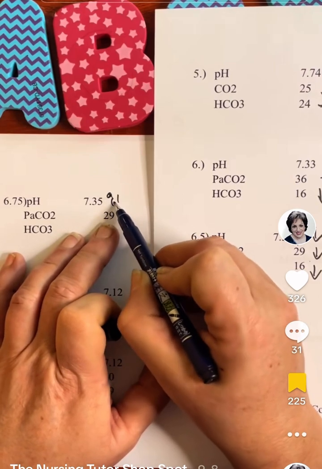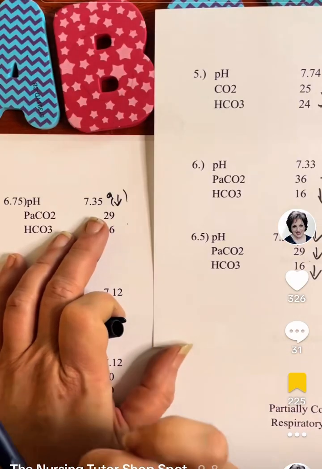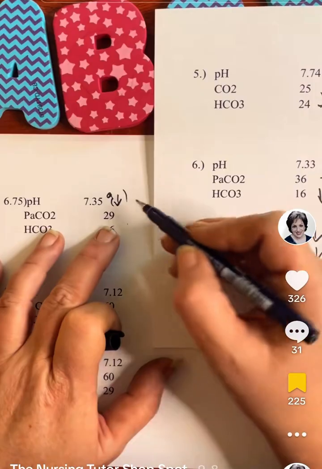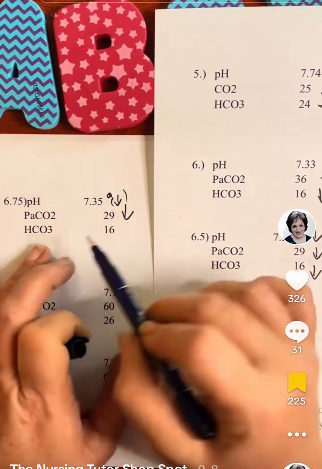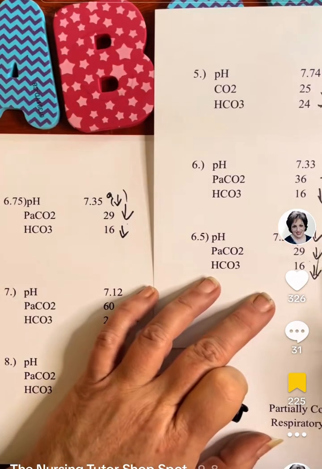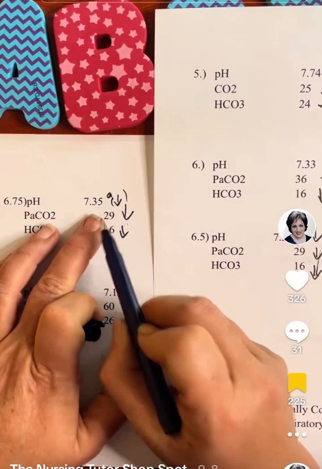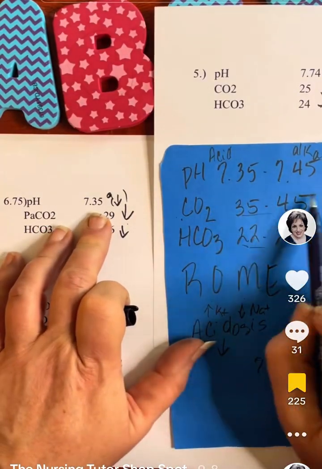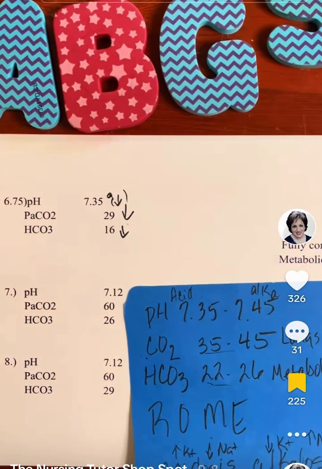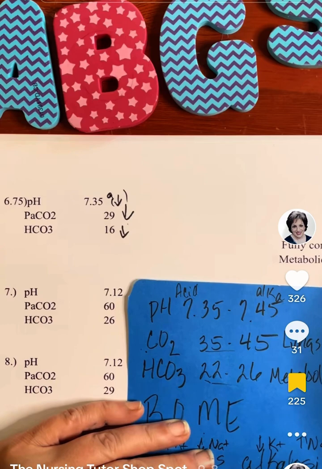The PCO2 is low, and the bicarb is low. This is the same as over here. But because the pH is back within the normal range, it's considered to be fully compensated metabolic acidosis.